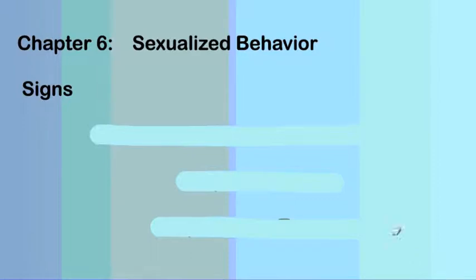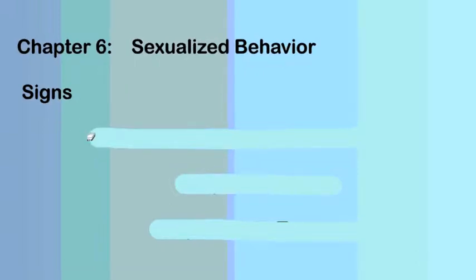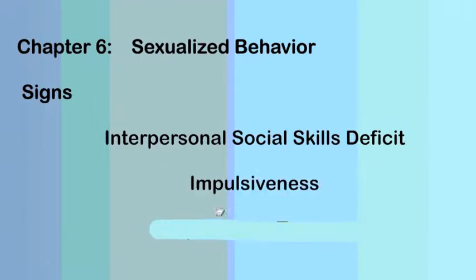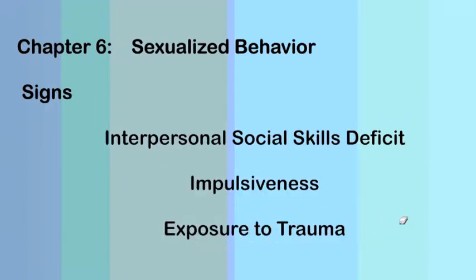Oh, stop it. Gross. In this scenario, we are specifically addressing a student who displays sexually inappropriate behavior. The signs of this behavior include interpersonal social skills deficit, impulsiveness, and exposure to trauma.